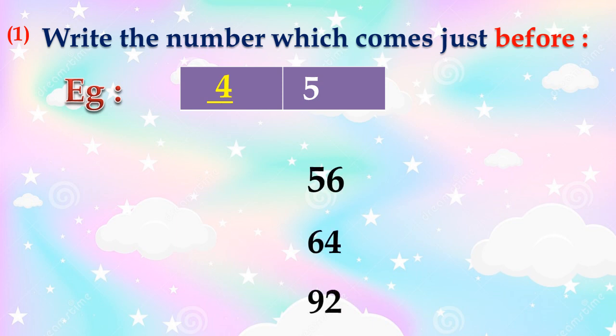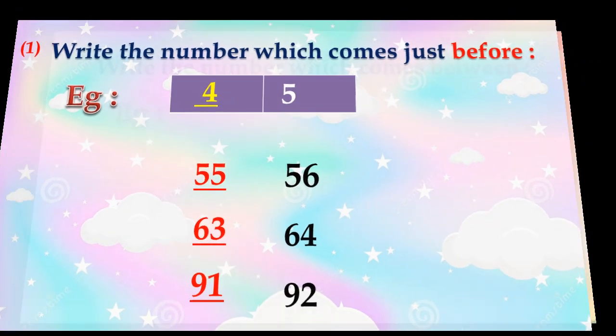Which number comes before 56? The number 55 comes before 56. Which number comes before 64? The number 63 comes before the number 64. Which number comes before 92? The number 91 comes before.